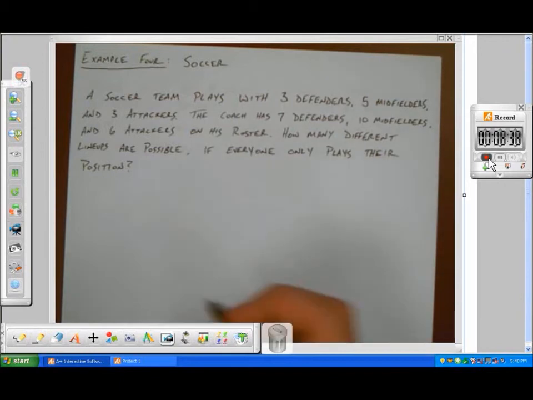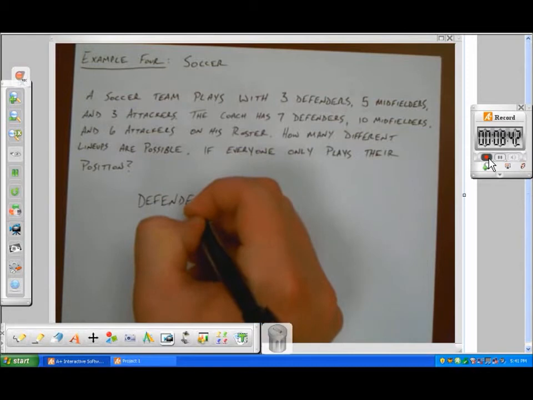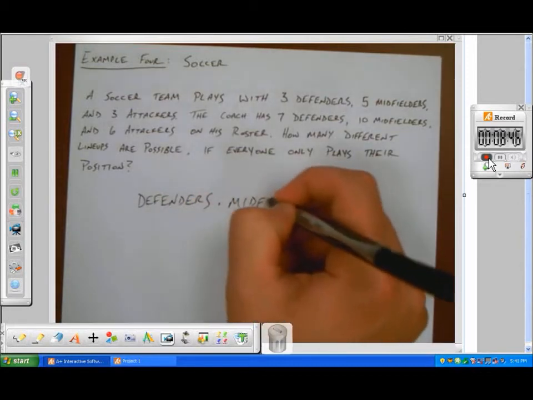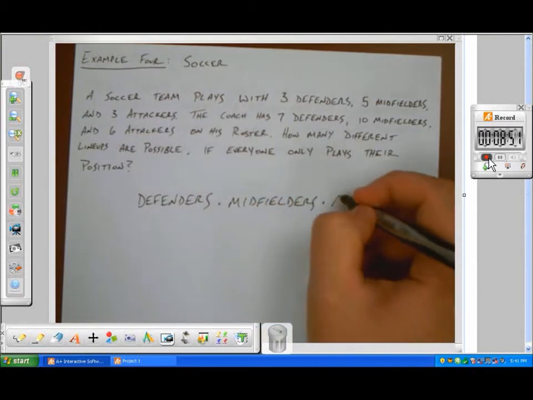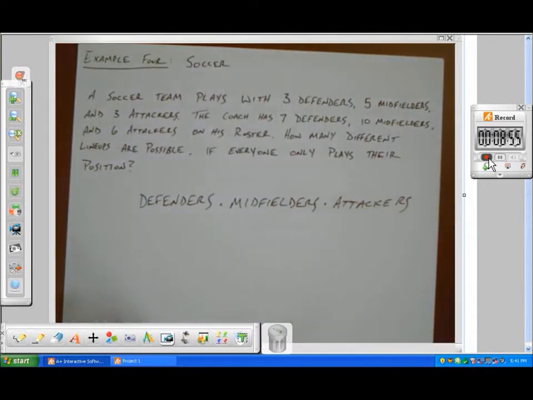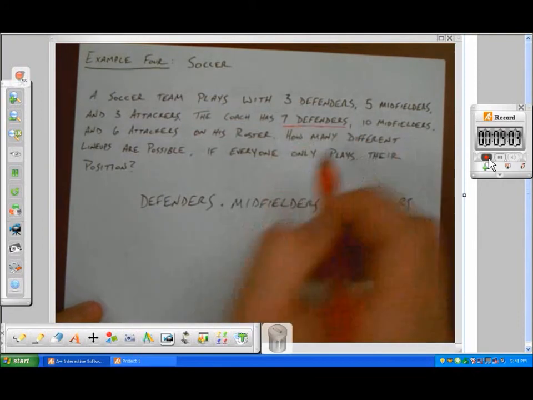We'll multiply the defender possibilities times the midfielders times the attackers. Now we just have to figure those out. We have 7 defenders on the roster, but I only want 3 of them.